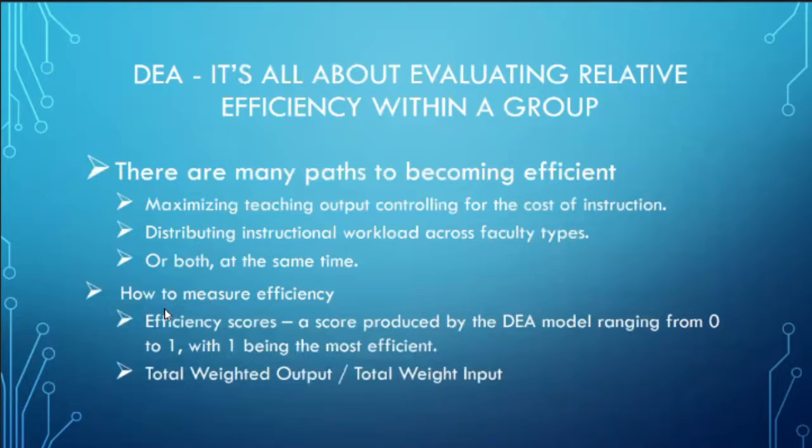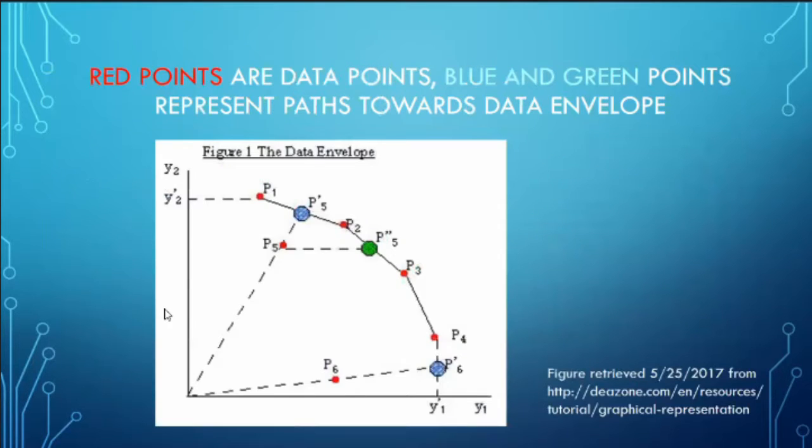And to illustrate that, we use a 2-dimensional plot where you see the red dots are data points, and you can see that the segments that connect the red data points at the outermost regions of this quadrant form a data envelope. And then there are 2 data points that are inside the envelope.